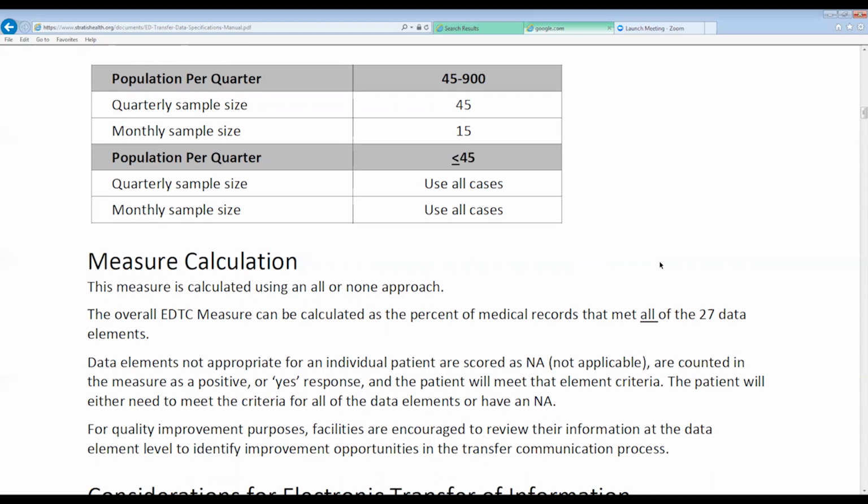Maybe some of the demographic information isn't ever being sent, or there are some questions about the test results being sent. Breaking it down is a good way to use it for quality improvement, to see if there are certain areas. But the measure itself is either everything was sent or it wasn't.